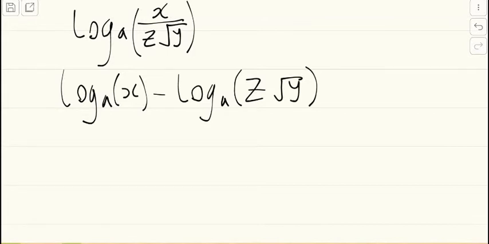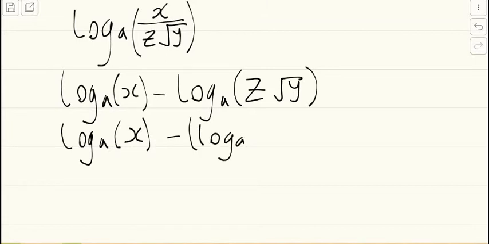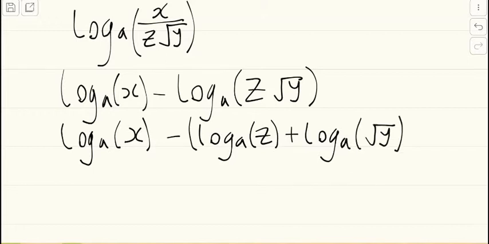Okay, now we just need to separate out the z and the root y, so that's going to become log to the base a of x minus, because there's a minus, I'm just going to be careful here and put a bracket and rewrite this as log to the base a of z plus log to the base a of root y. So again, using that multiplication law, but I've put a bracket there just to ensure that that minus applies to both of these things.